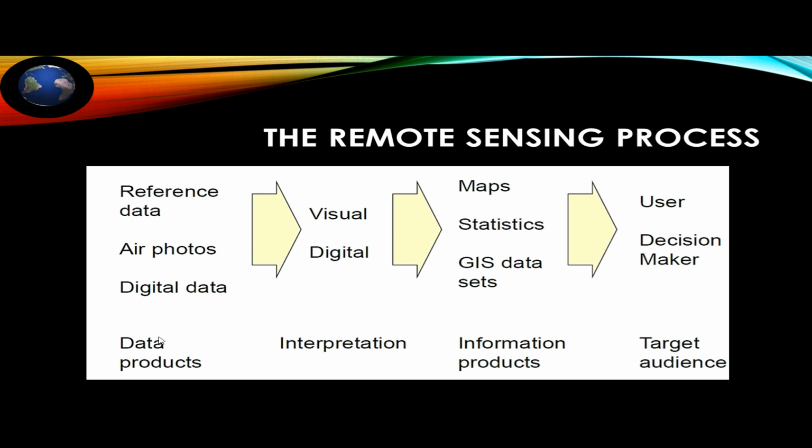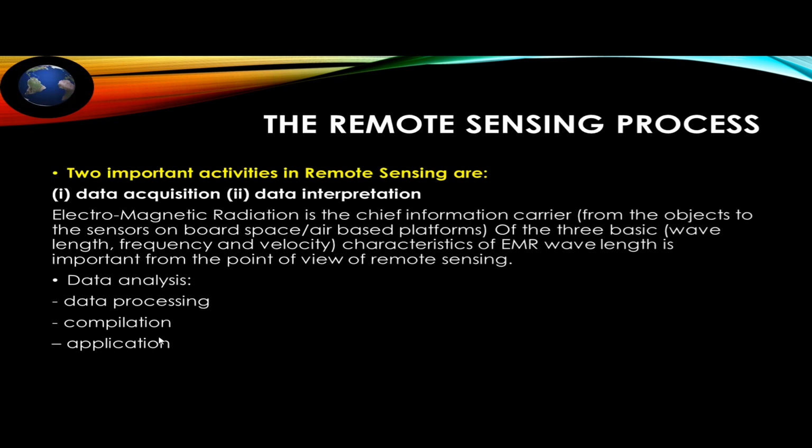Or if you think about some disease spread, these are the prone areas for the disease, or these are very dense population areas. Like that we can make some inferences. So this is the last stage of the remote sensing process.